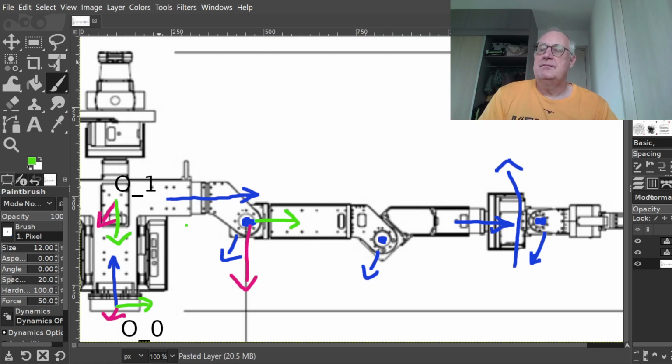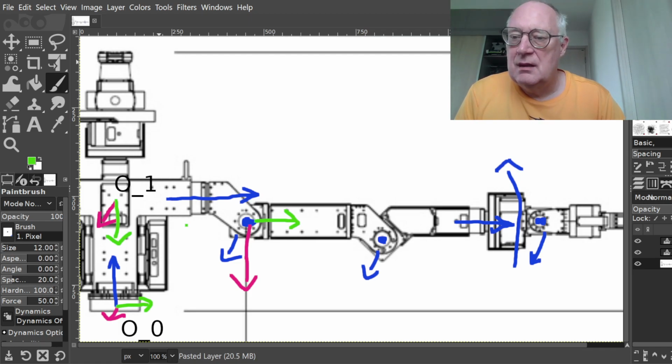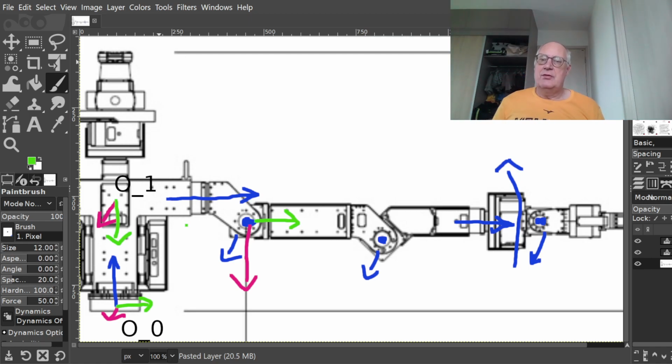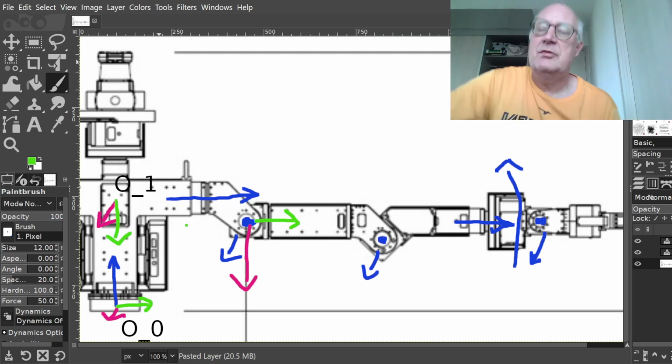And now it also becomes apparent that it's pretty difficult to keep track of the coordinate systems in your head. So probably a good idea to start drawing some of the coordinate systems here.